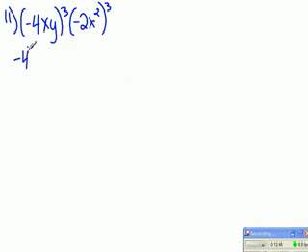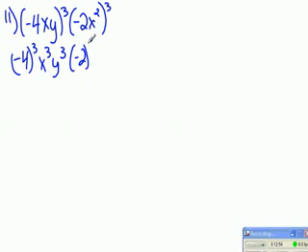We have negative 4xy to the 3rd power and negative 2x squared to the 3rd power. So again, I'm going to distribute that power basically. So negative 4 to the 3rd power, x to the 3rd power, y to the 3rd power.